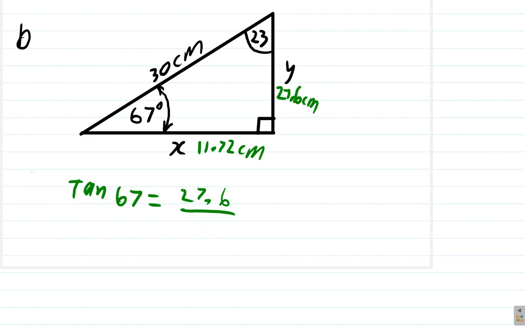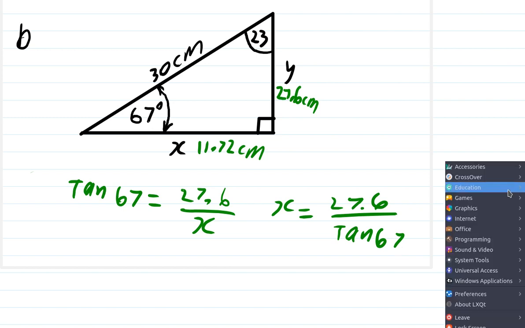We haven't got x as yet. So the tan of this angle is the opposite, 27.6, over adjacent x. When you transpose, you will get x equals 27.6 over the tangent of 67.